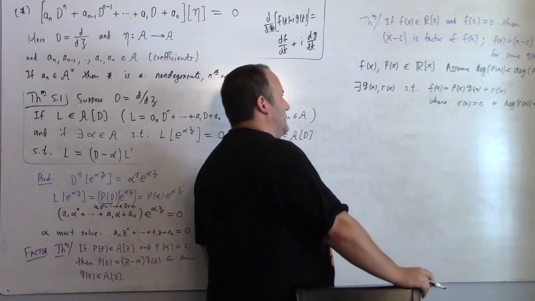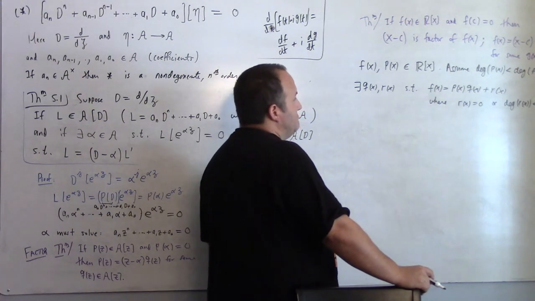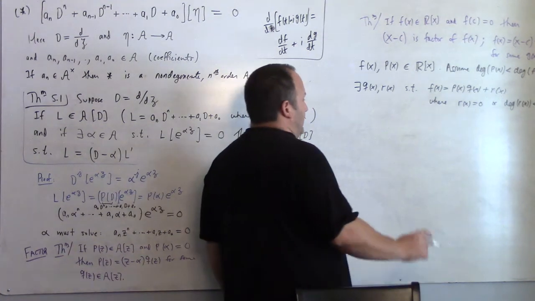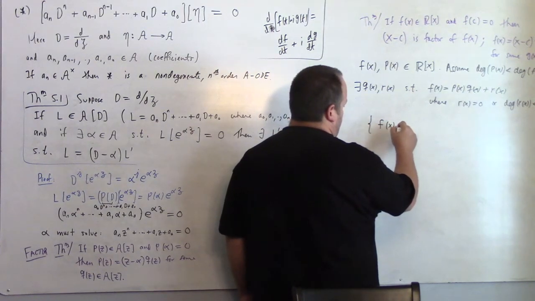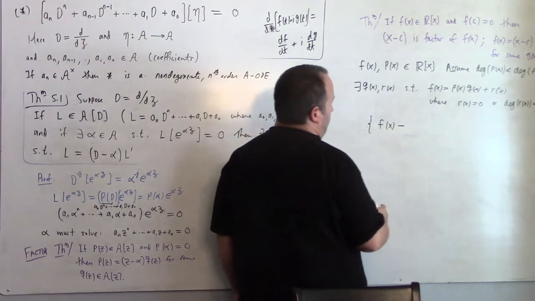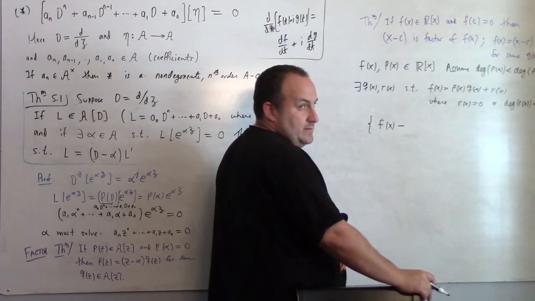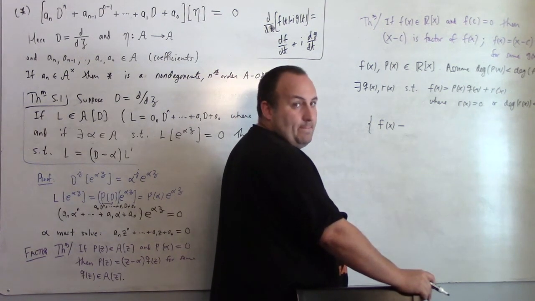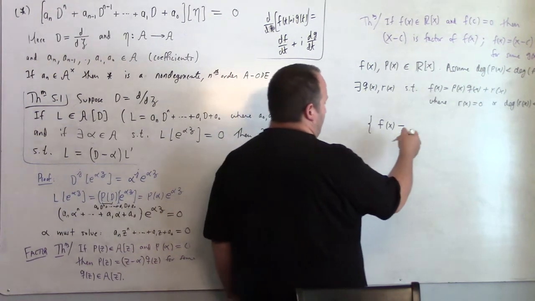So I guess we're looking at the set of f of x minus multiples of p of x.